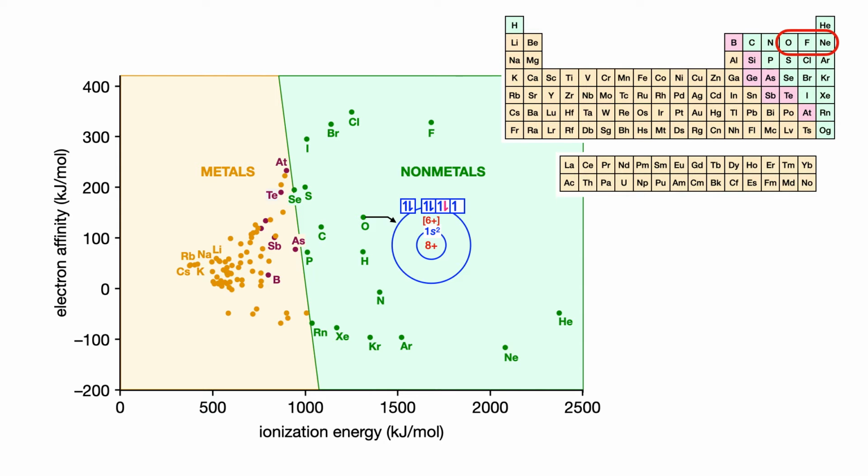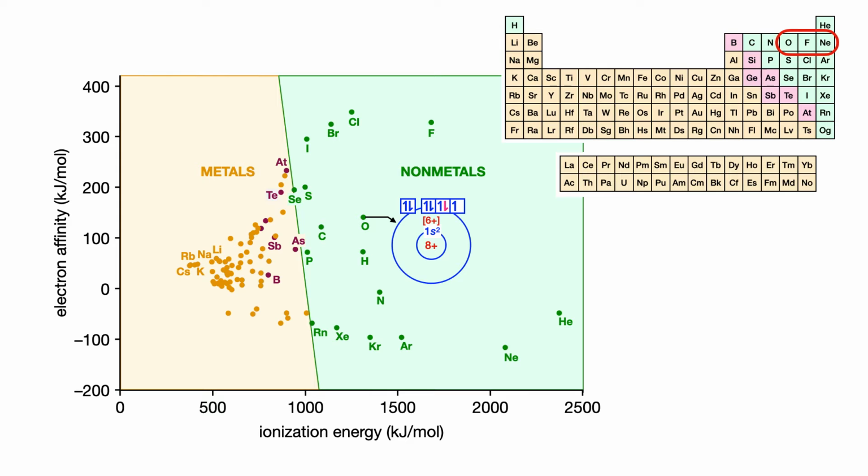But the valence electrons are spread out over a large region of space, and so the attraction that this new electron is feeling for the nucleus outweighs the repulsion that it feels for the other valence electrons. And so on balance, this new electron is in a good place, and a lot of energy is released when that electron joins the oxygen atom.